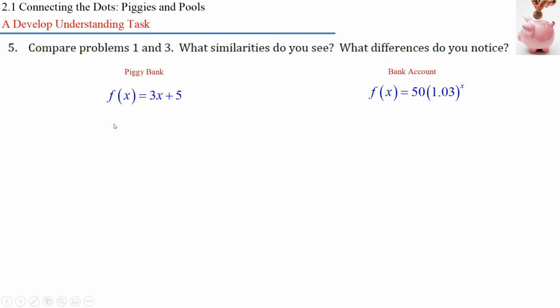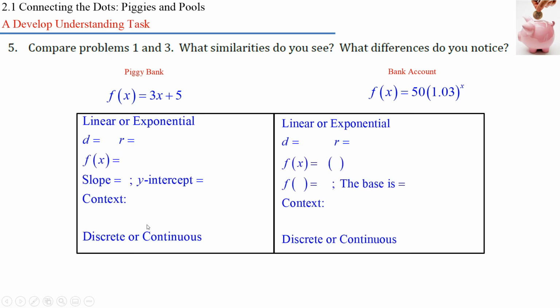Now, let's just do a little chart like this. And I want to start, since we have explicit functions here and here, let's talk about the general form of this explicit function. Now, isn't this f of x equals mx plus b, slope-intercept? So go down here and write f of x equals mx plus b. So I know my slope is 3 and my y-intercept is 5. So this slope-intercept works for what?